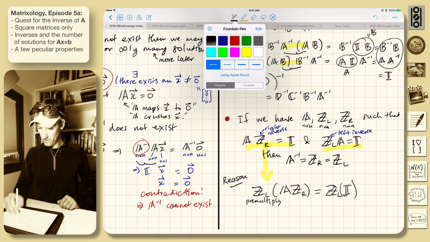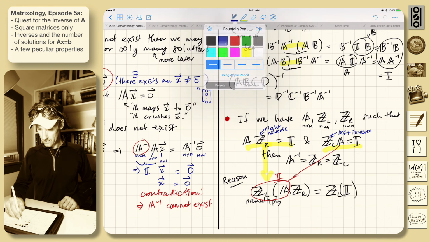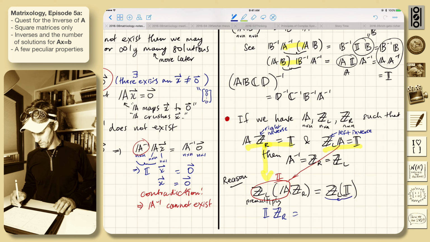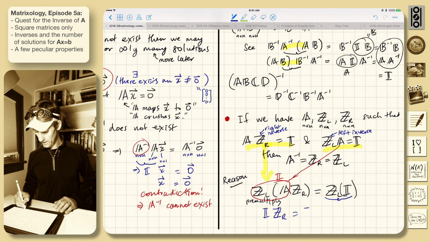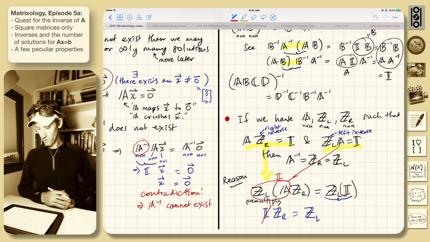And then we're going to use Z left times A. This is equal to the identity. So now we have the identity there times ZR equals, and this is of course just ZL times identity is just ZL, and we can just absorb that.